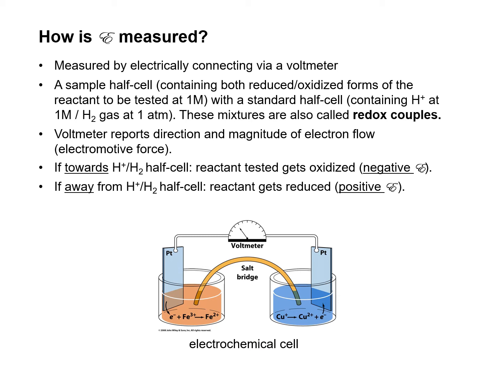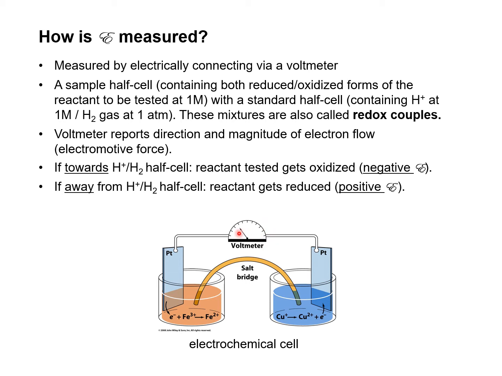The voltmeter basically reports the direction and the magnitude of the electron flow, which is the electromotive force. If the electron moves towards the hydrogen ion and hydrogen gas half cell, that means the reactant tested is getting oxidized, so it will have a negative E value, the reduction potential value.